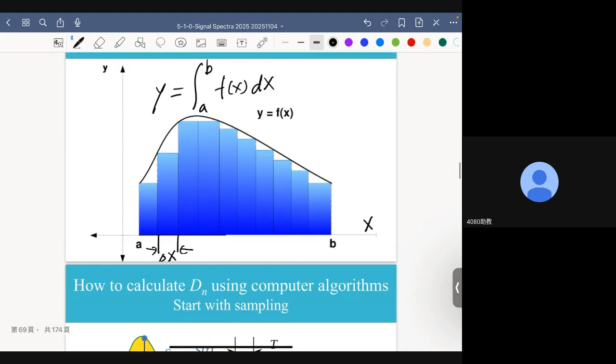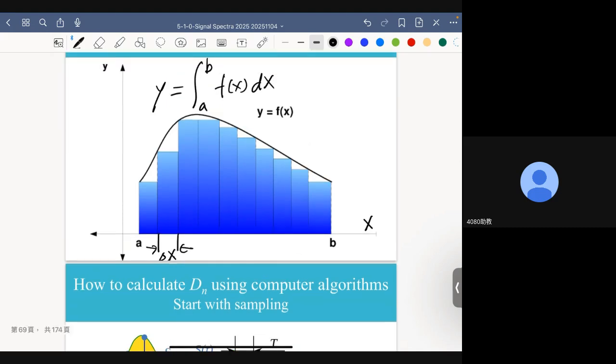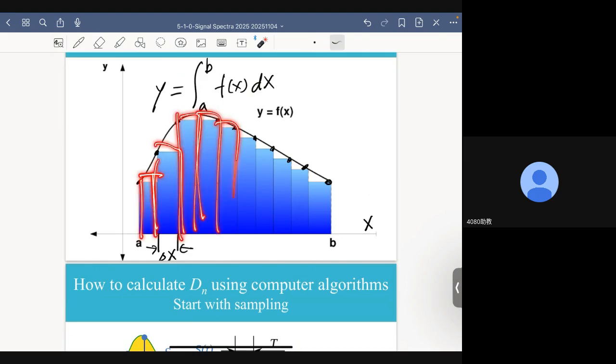And then by finding the values of f at these so-called sampling points, I can construct a finite number of rectangles.